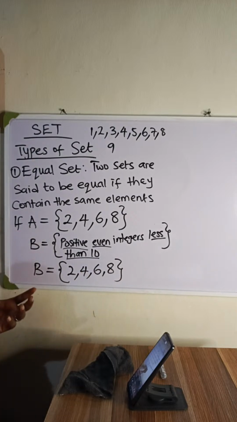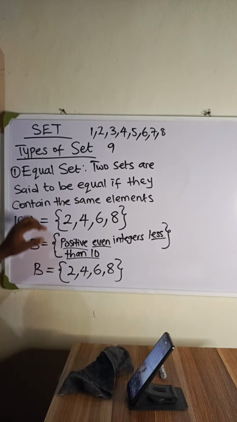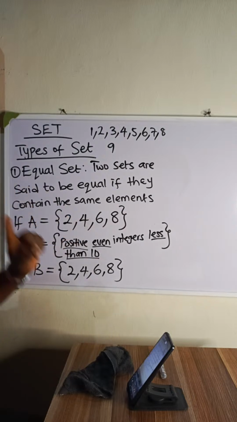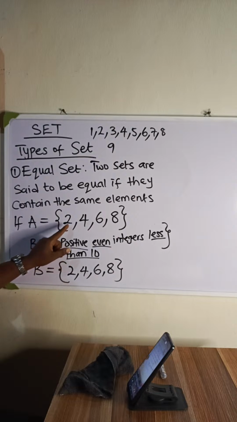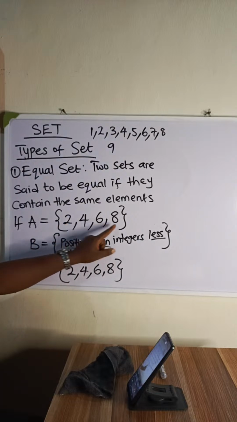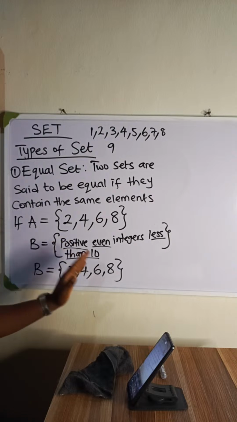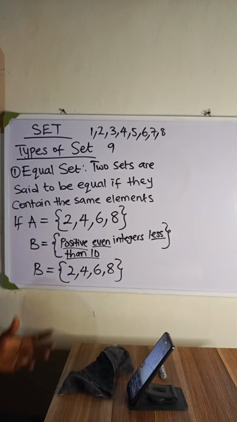So at the end of the day, we see that these two sets are equal sets. They are equal sets because they contain the same elements. The elements in set A are 2, 4, 6, and 8. The elements in set B are 2, 4, 6, and 8. So they are both equal sets. Right? Good.